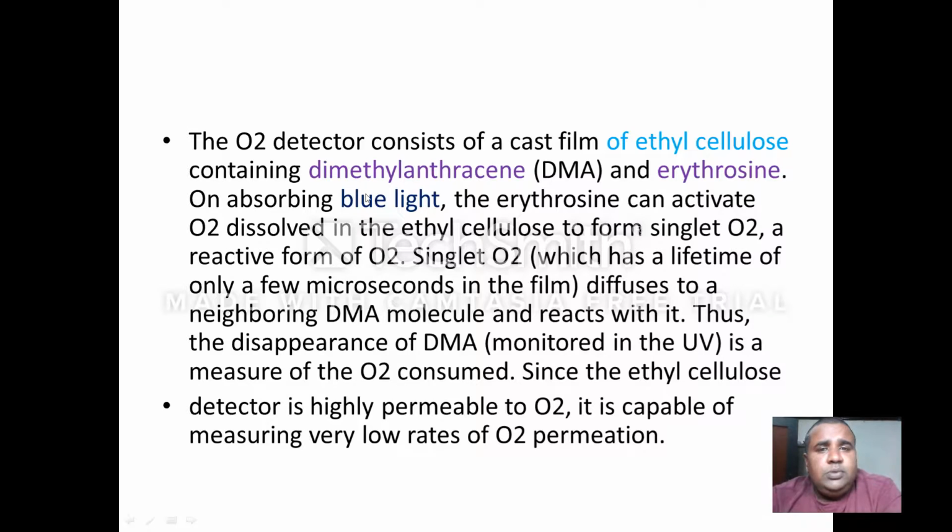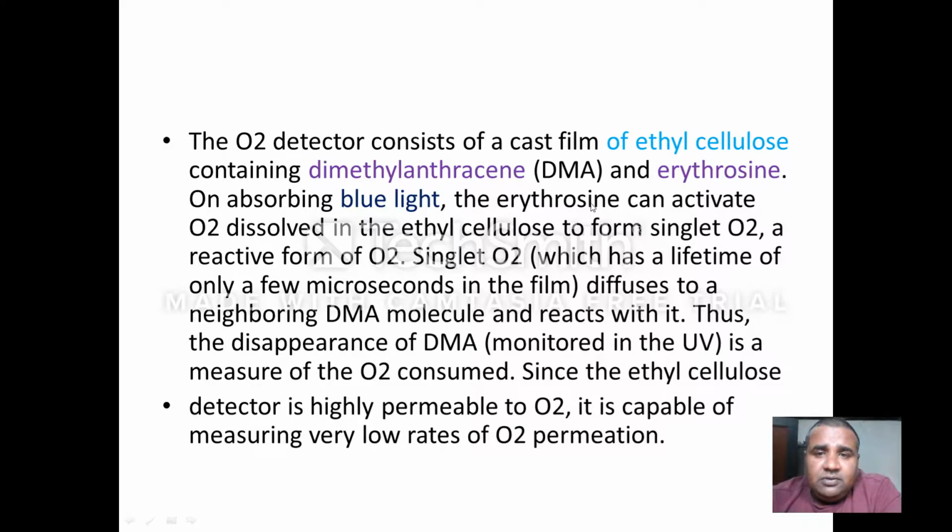In the presence of blue light, this erythrosine can activate O2. Your material is allowing the O2 to transfer, so the oxygen will be transported via your test material, and it will be absorbed on the film that you have taken.